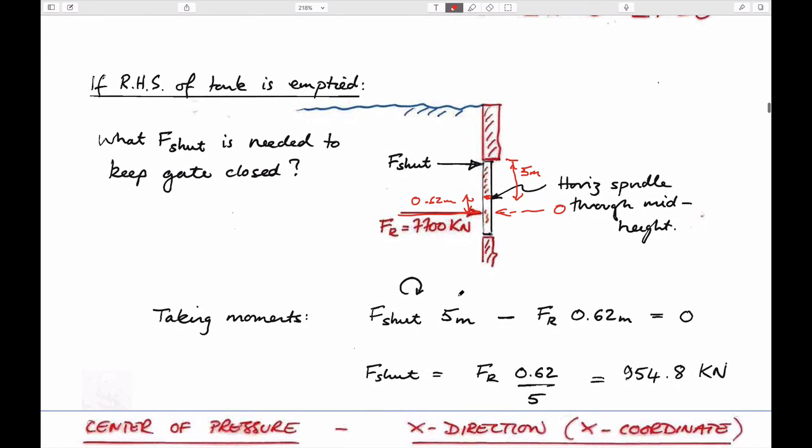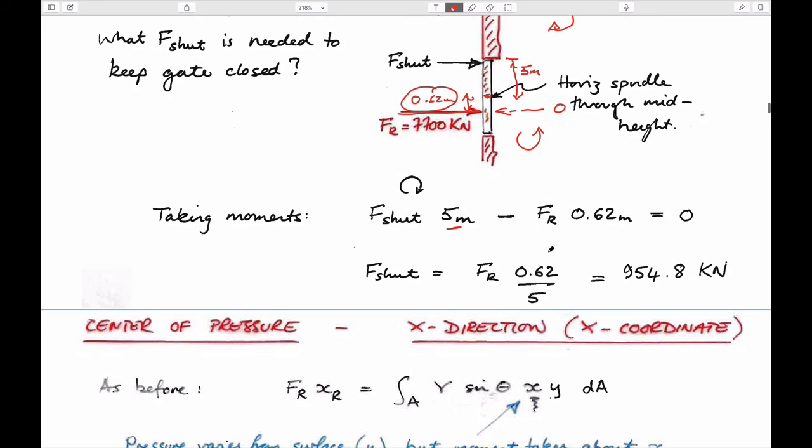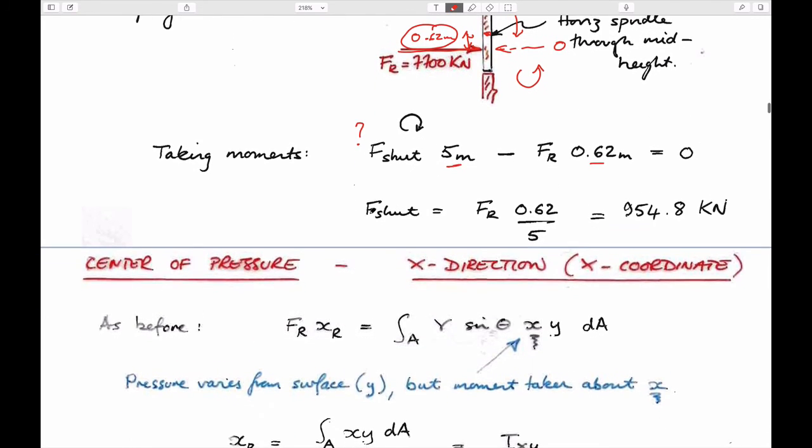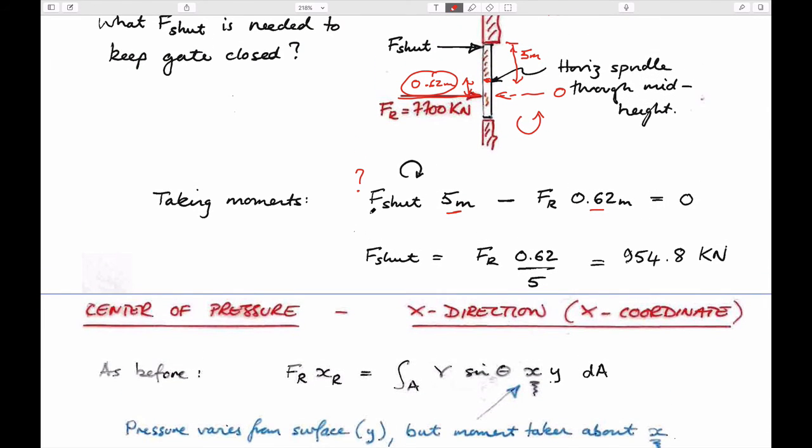And so what we can do is just take the moments. 5 meters times F shut, which is going in this direction, and 7,700 kilonewtons times whatever the lever arm, which is this, is acting in the other direction. The only thing we don't know is this, and we can solve for that. Simple as that. And so that's it. That's the reason for doing it.